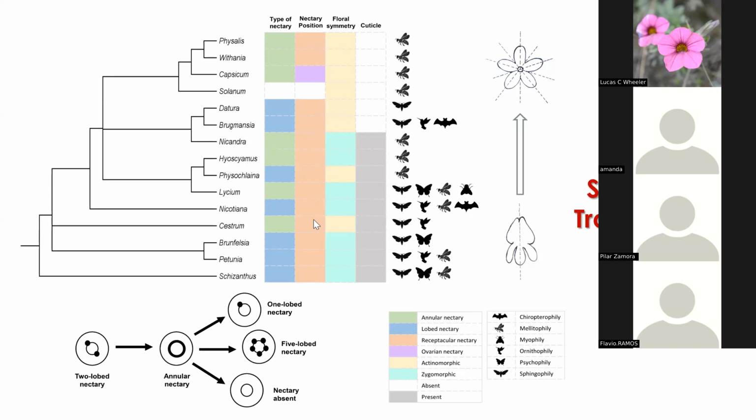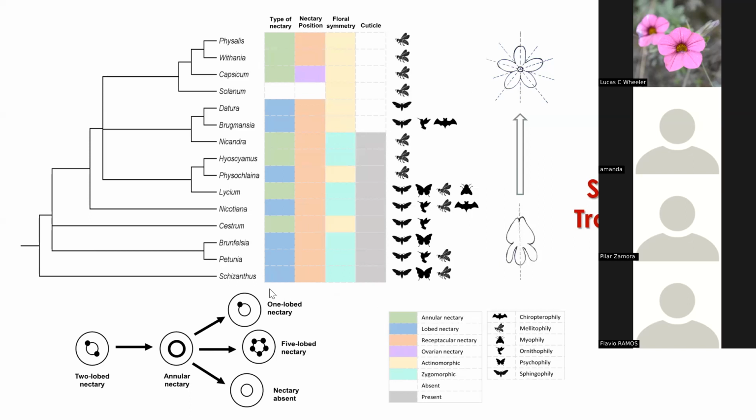For the nectary position, we say from a molecular perspective that it is receptacular in origin, except Capsicum, which has shifted. So we said it's an ovarian kind of position. And this is the floral symmetry. This represents the zygomorphic flowers, and this the actinomorphic flowers. And we tried to associate all these traits with the different pollination syndromes.